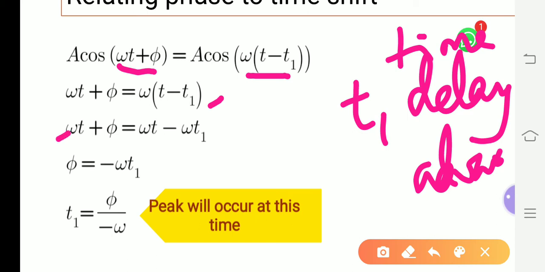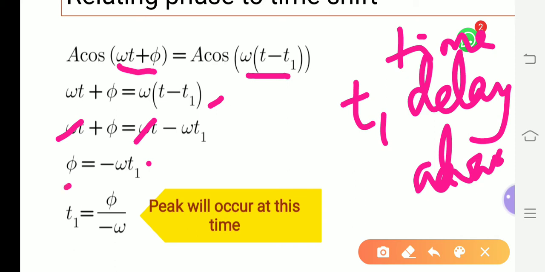So we can remove ωt, and then we are left with φ, which is equal to negative ωt1. If we want to find out what t1 is, t1 is equal to φ divided by negative ω.